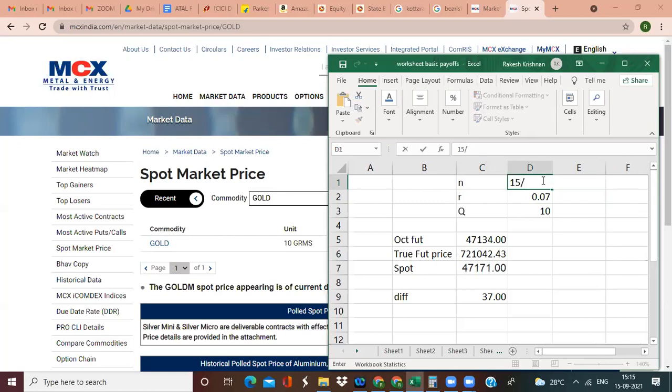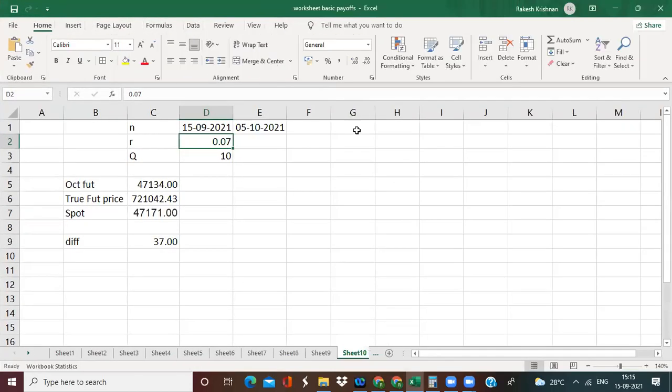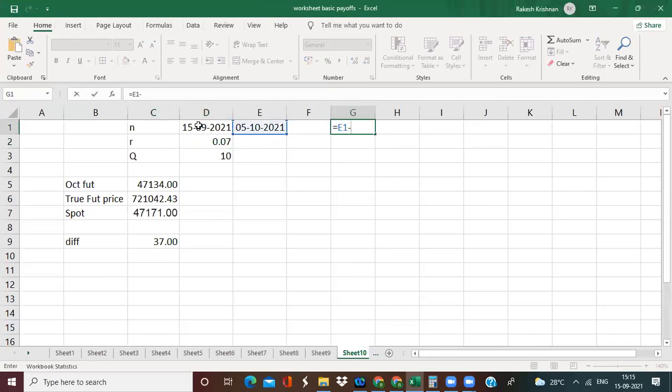Let me see if I can get the difference here. Now, how many days are there? This minus this. I don't remember the formula. Yeah, we can get the days. So time is 20 days.